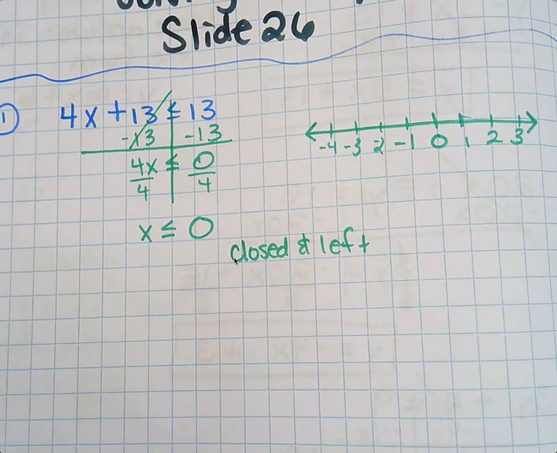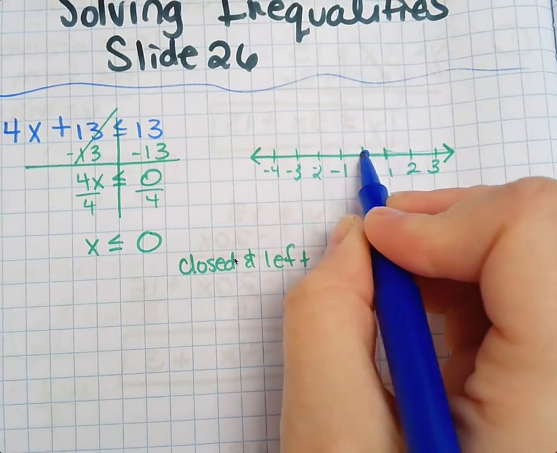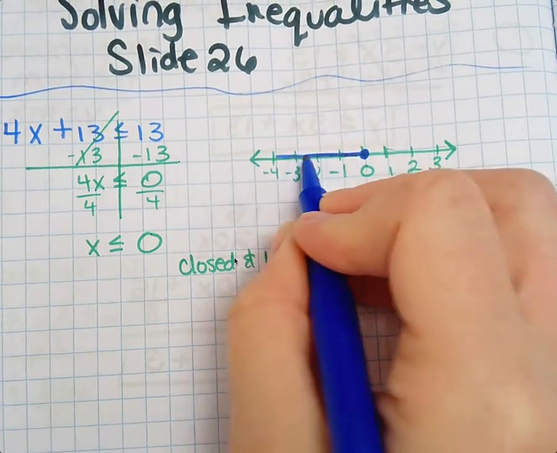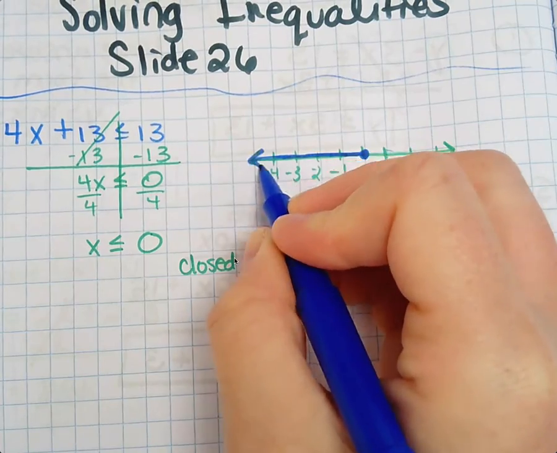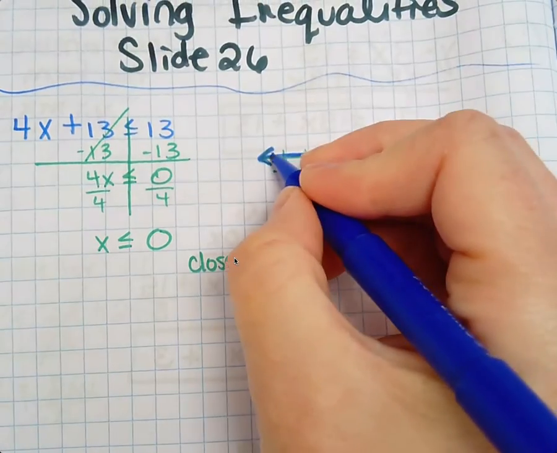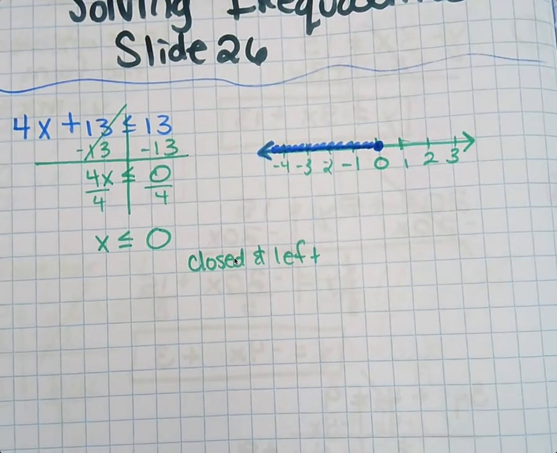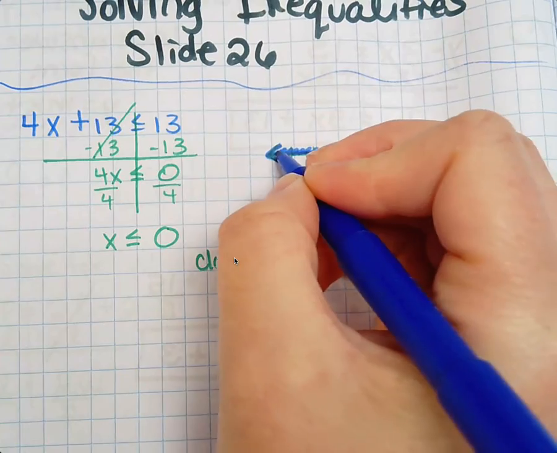So a closed circle on 0, and it's going to go left. Make sure you shade it darker, especially if you're not using just different colors. You shade it. You can also kind of do it like that, just to show that it's going left.